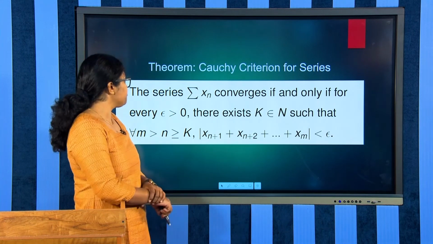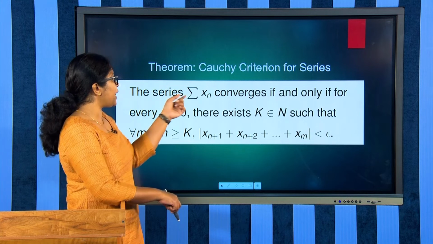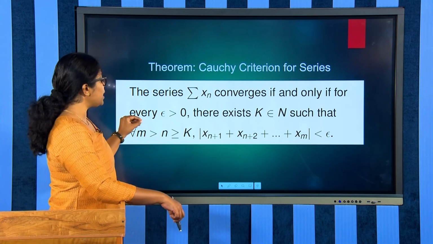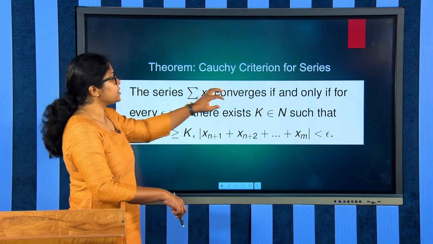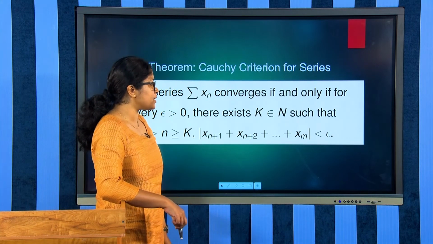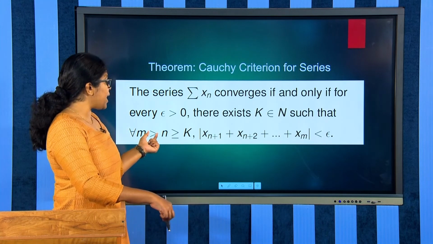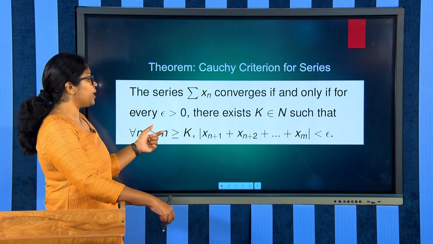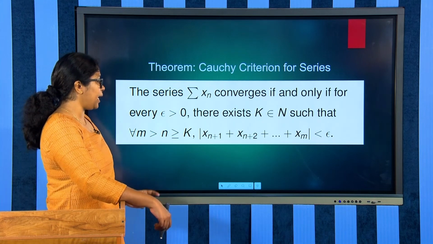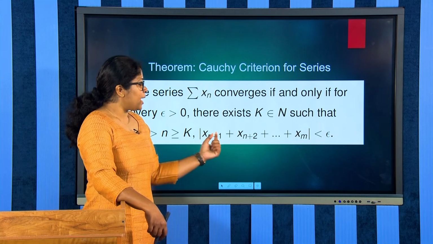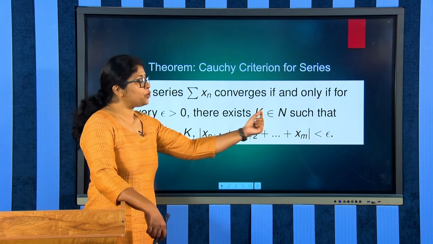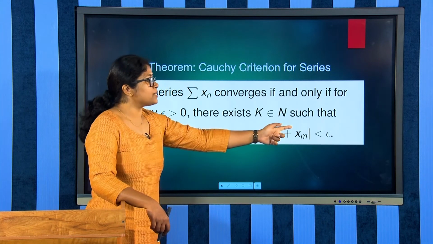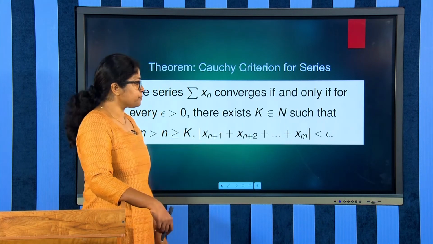The series summation xn converges if and only if for every epsilon greater than 0, there exists a natural number capital K such that whenever n and m are greater than or equal to K, where m is assumed to be greater than n, the modulus of the n plus 1 up to m terms of the series is less than epsilon.